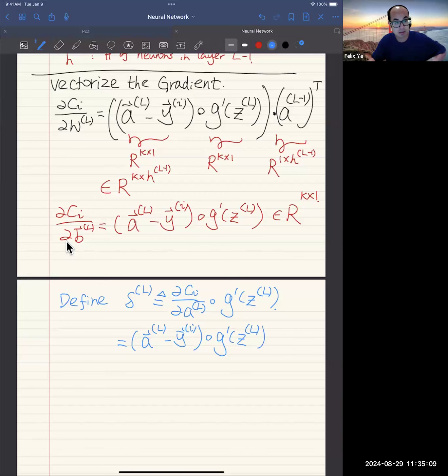With this defined quantity, we can make things a lot easier. Partial CI, partial WL is equal to just this delta of L dot A L minus 1 transpose.